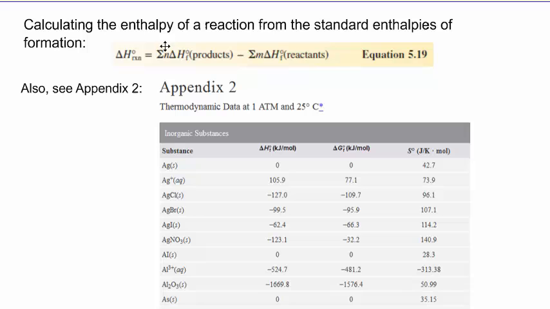So the sum of N times the standard enthalpies of formation of your products minus the sum of all M times the standard enthalpy of formation of your reactants, where N and M are your stoichiometric coefficients.